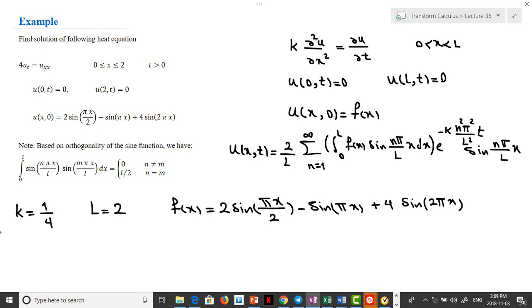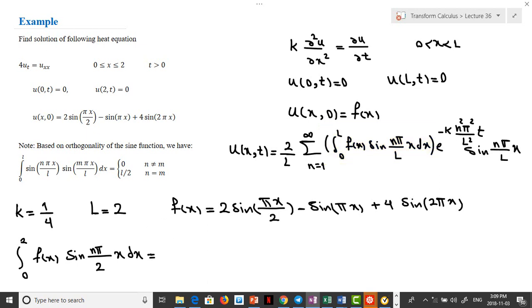If I want to find u of x and t, at first I have to find this integral. It's the integral from 0 to L, where L here is 2, of f of x times sine n pi over L, which is 2, x dx.